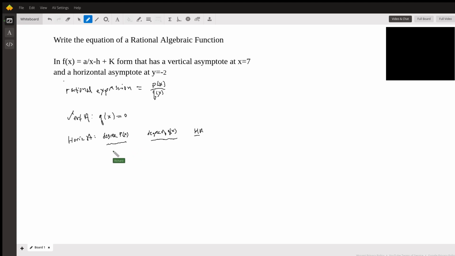If the degree of P is bigger than the degree of Q, then there is no horizontal asymptote.